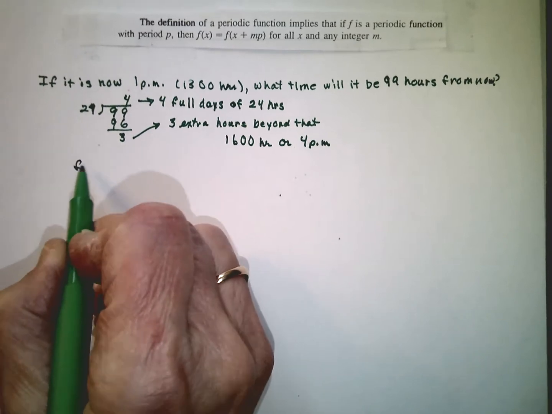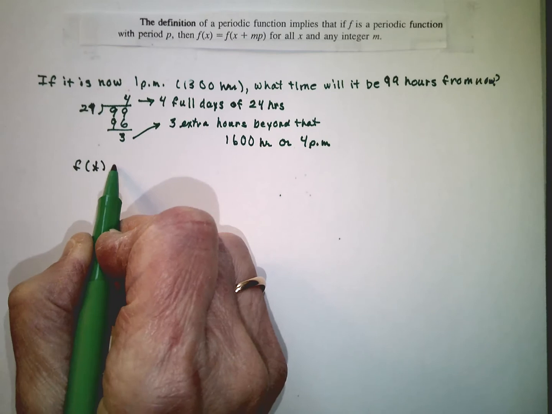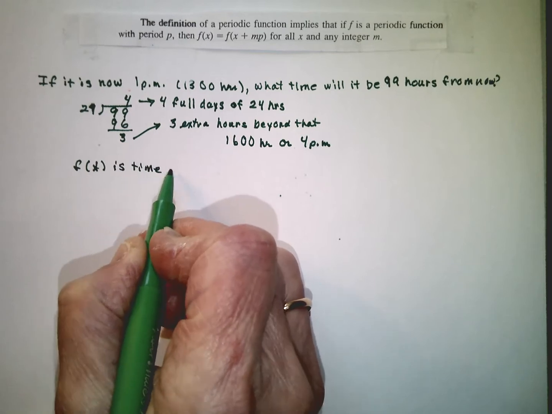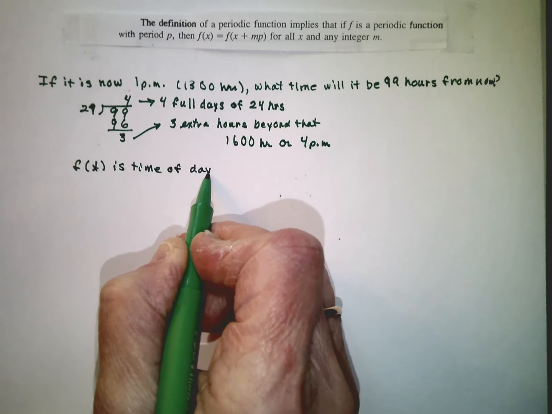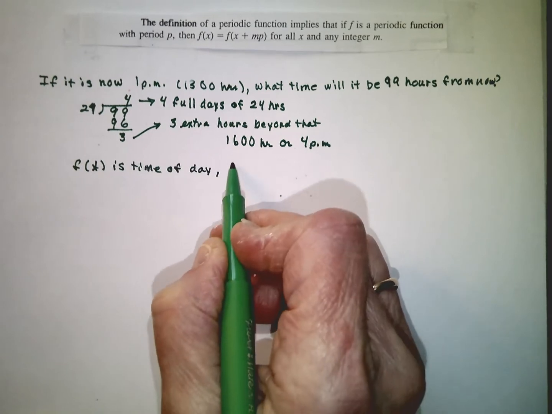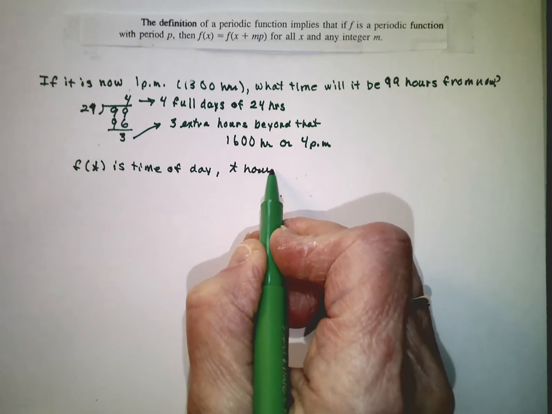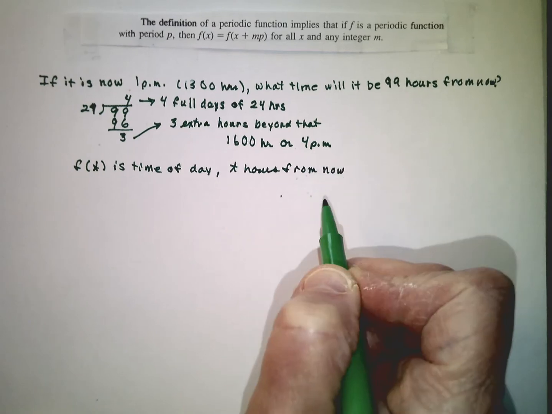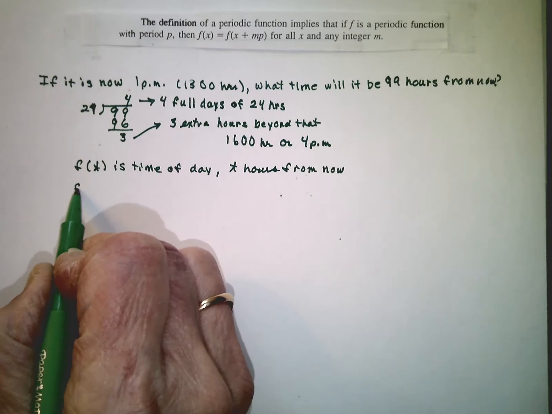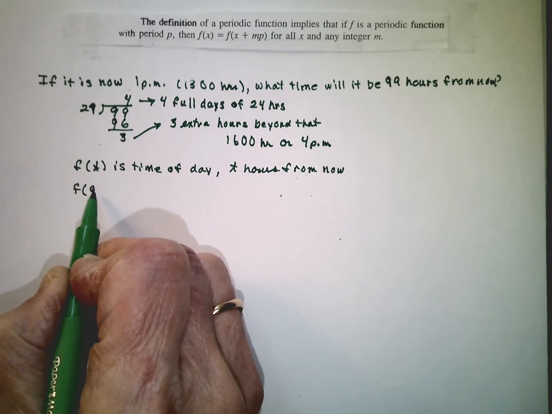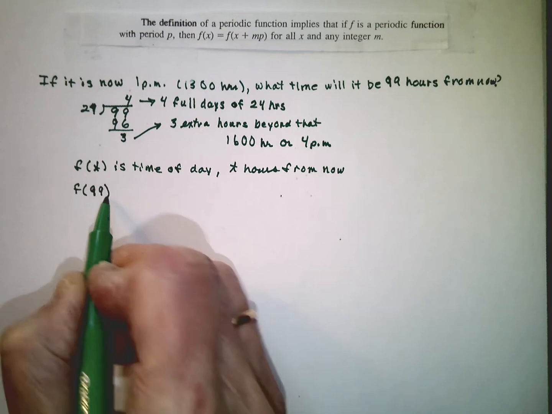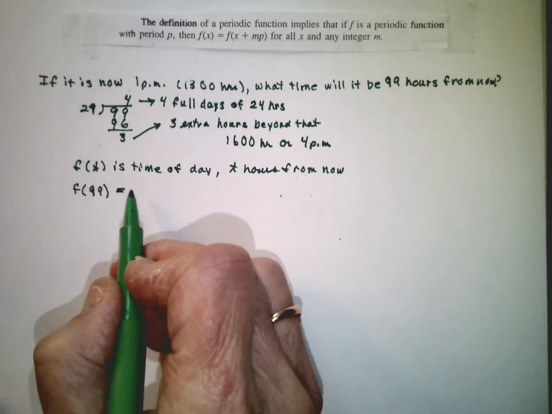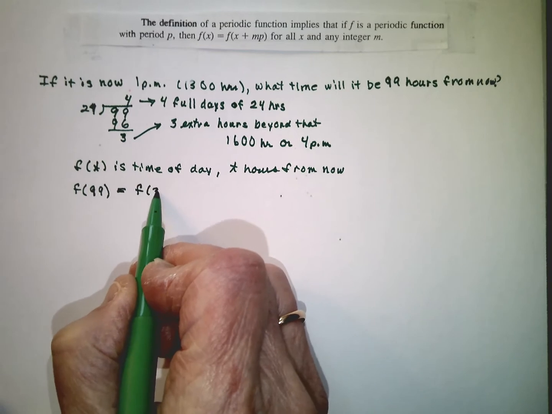Well, if f of t is the time of day t hours from now, then f of 99 is going to be exactly the same as f of 3.